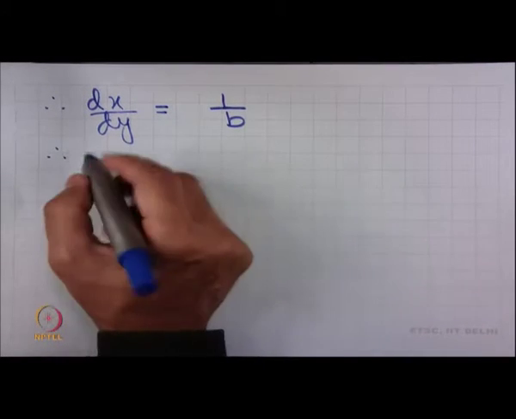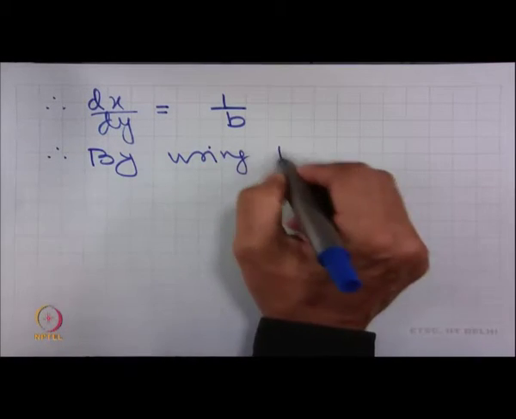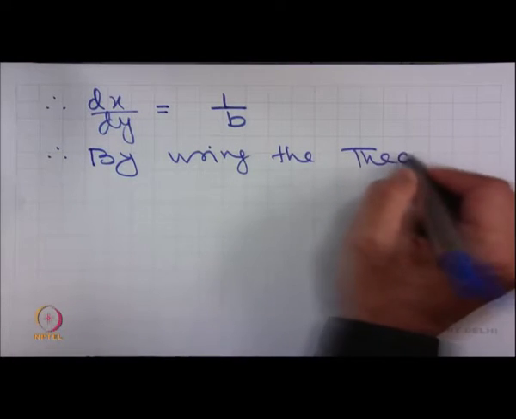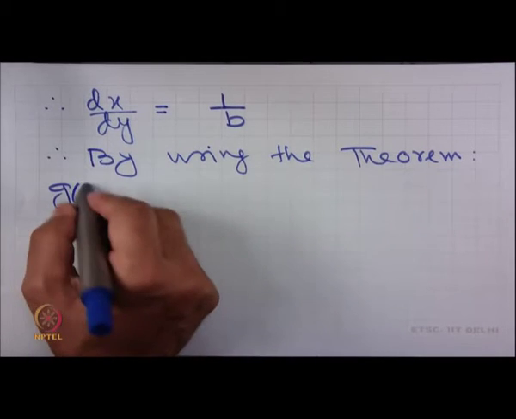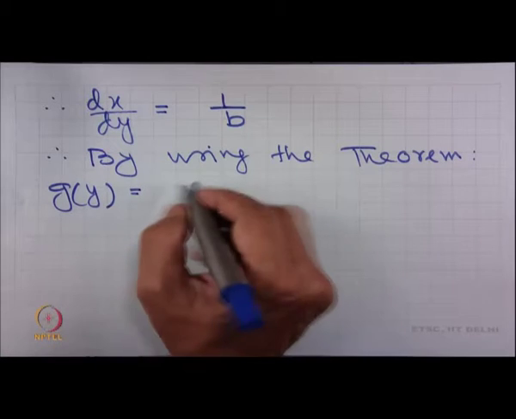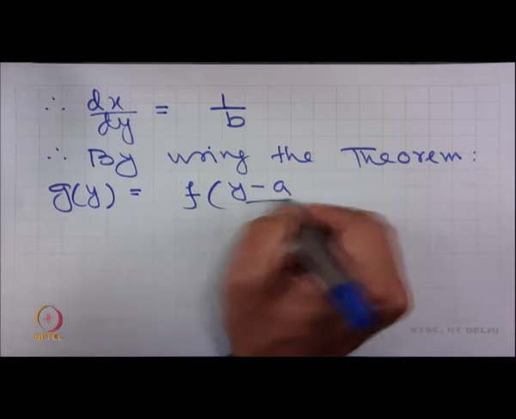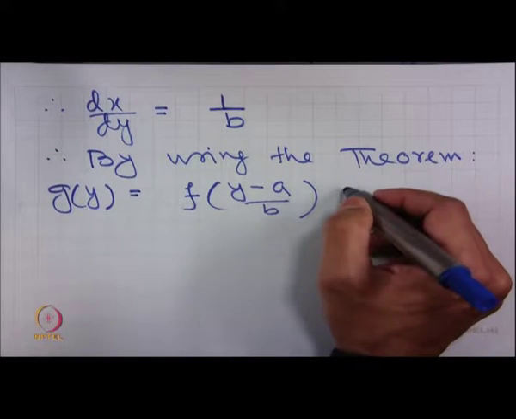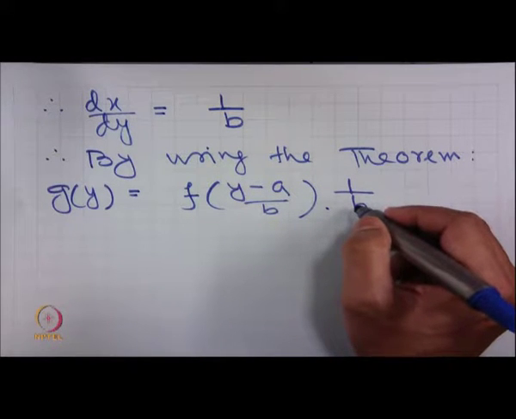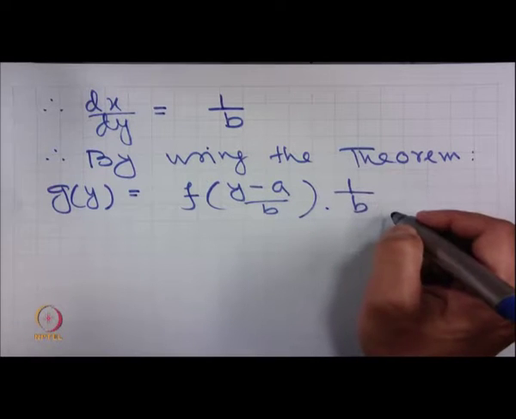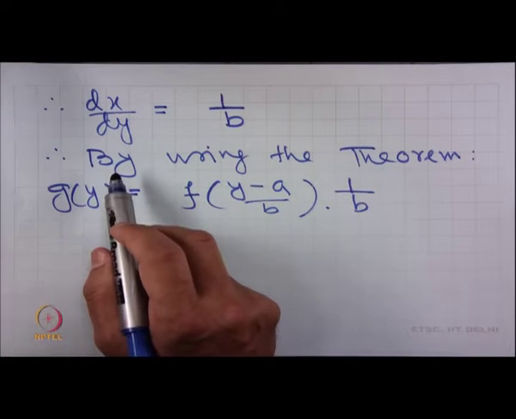Therefore, by using the theorem, g of y is equal to f at y minus a by b multiplied by 1 by b. It is the dx dy, and the modulus sign is not needed because we are taking b to be positive.